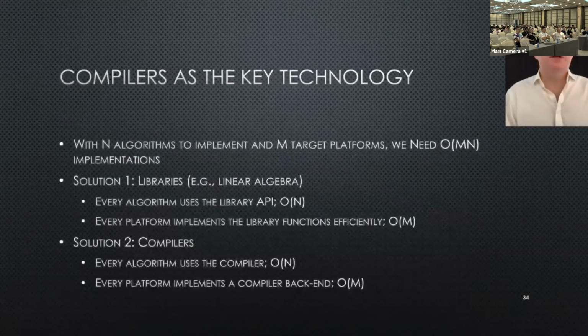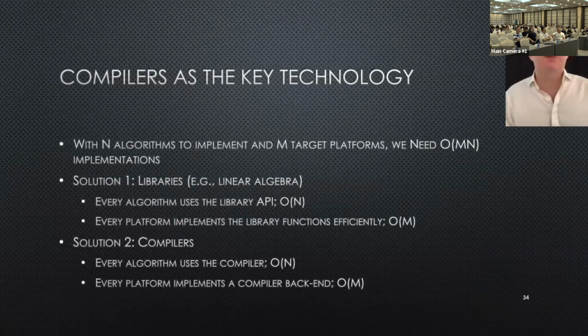So in order to get this to work at scale, the compiler is a key technology. If we have n algorithms that we need to implement and m target platforms, then considering every possible combination is mn implementations. That's obviously not going to scale.